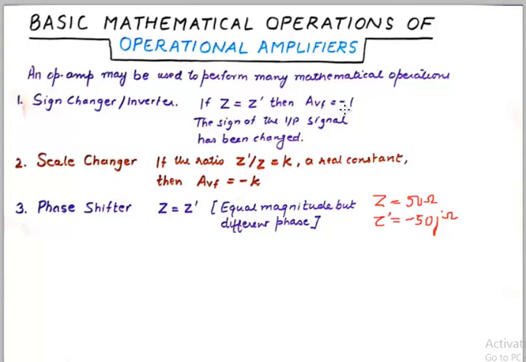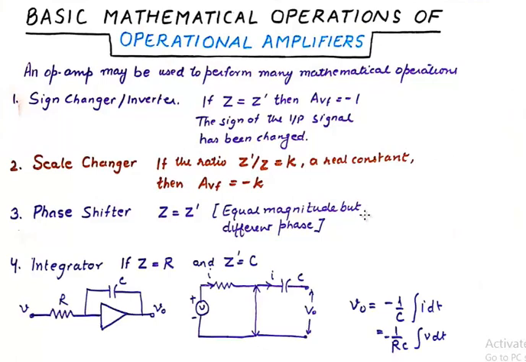Okay, then we have the integrator operation performed by the operational amplifier. And how does that happen? In the feedback impedance we use a capacitive impedance, and the input impedance is kept as R. Now this circuit can be reduced to this circuit with a virtual ground here.